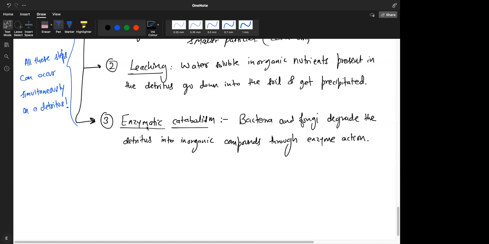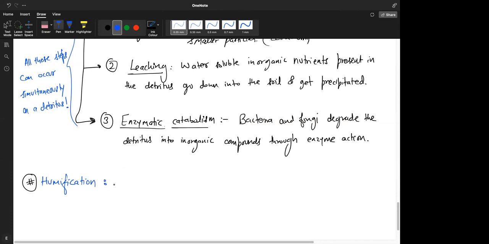So it's called humification of soil. The concept is humification.